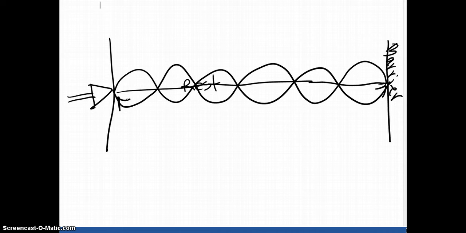You have a force, you have the initial wave moving in one direction, hitting a barrier medium, and then traveling back on itself. Now, there's some vocab that I want to talk about with you, and it has to do with the position where the wave is basically crossing over itself, and then the position of the high and low amplitudes, both at the same point on the standing wave.